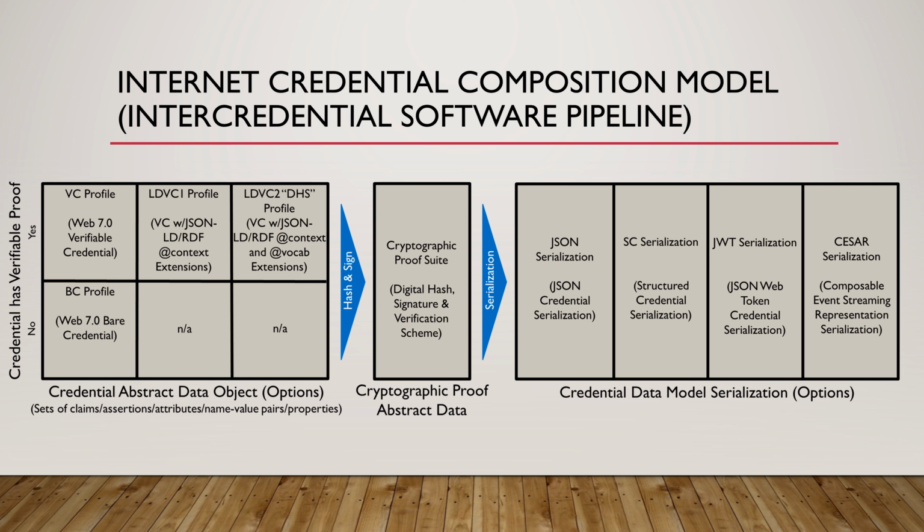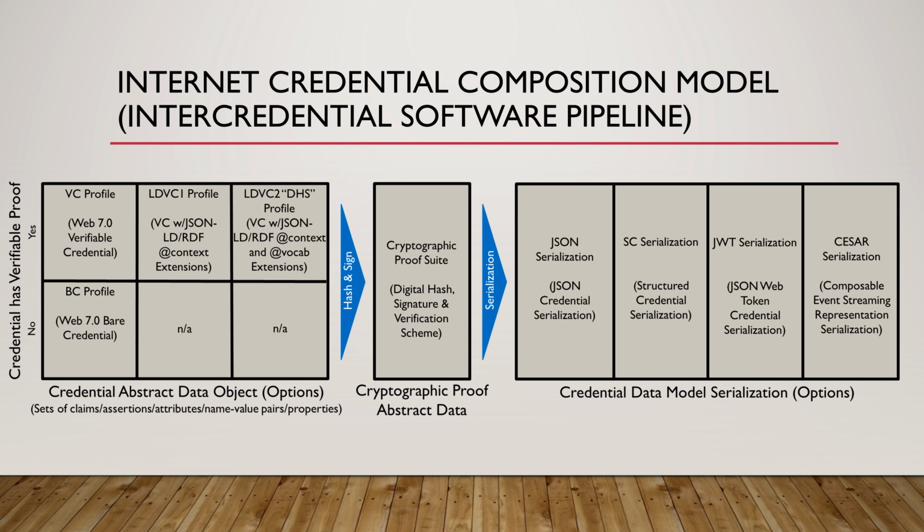And on the right side, we have different credential data model serialization options: JSON serialization, structured credential serialization. We've seen examples of those two earlier on when we were talking about bare credentials. JWT, of course, is popular, and the up-and-coming CESR serialization.